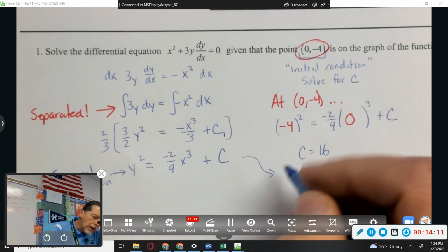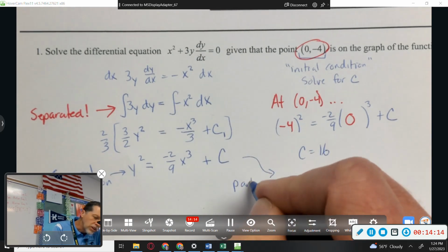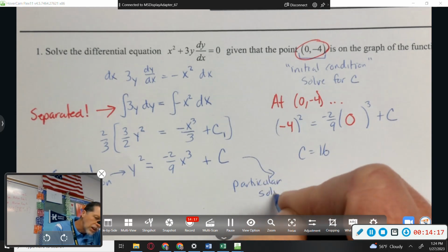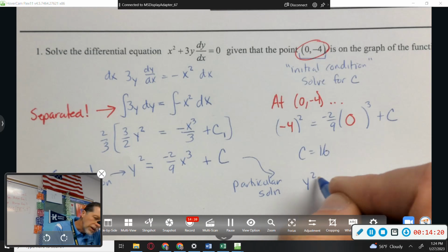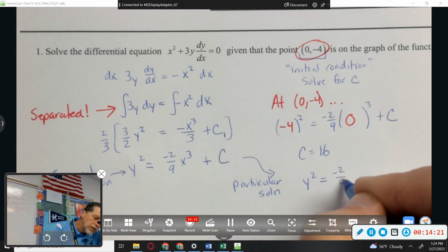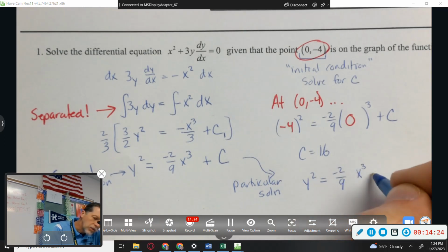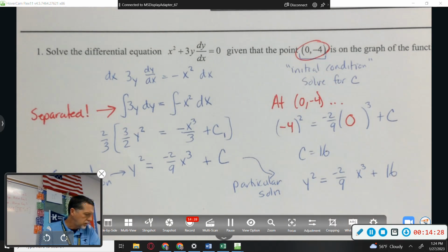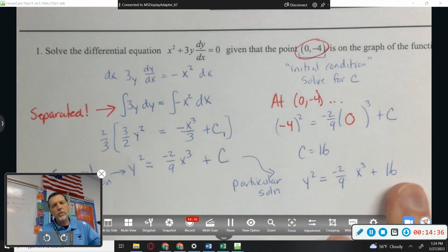So now I can get my particular solution. Now that I know c, y squared equals 2/9 x cubed plus 16. Now we can square root.